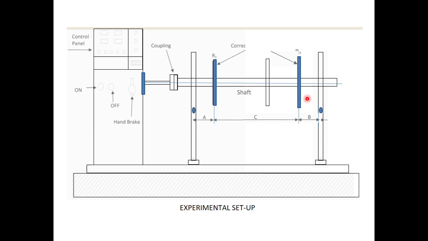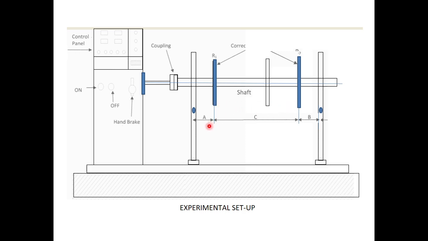This is fine. And then we also need to know some dimensions from this particular setup for the particular rotor which we are now going to balance. What we measure there: the distance between the two bearing stands, A plus B plus C. C is the distance between these two correction planes.